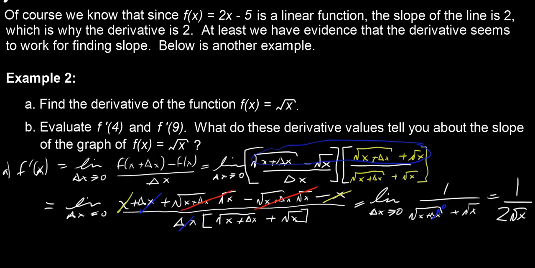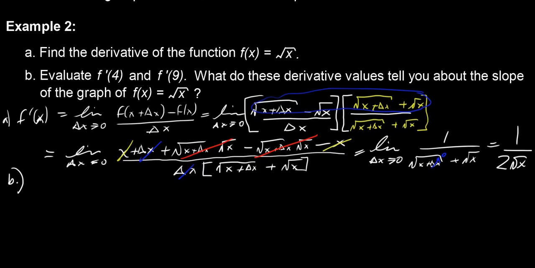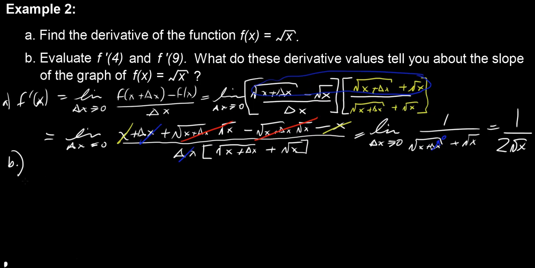So we've done part A. We've evaluated the derivative of square root of x, and we get this expression 1 over the quantity 2 root x. So now in part B, we'll evaluate those derivatives when x is 4 and when x is 9. Okay, so f prime of 4, well, that would be 1 over 2 times the square root of 4.